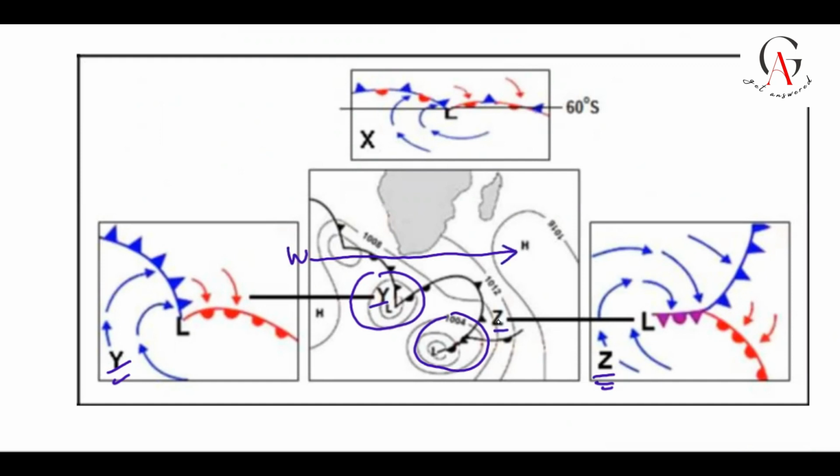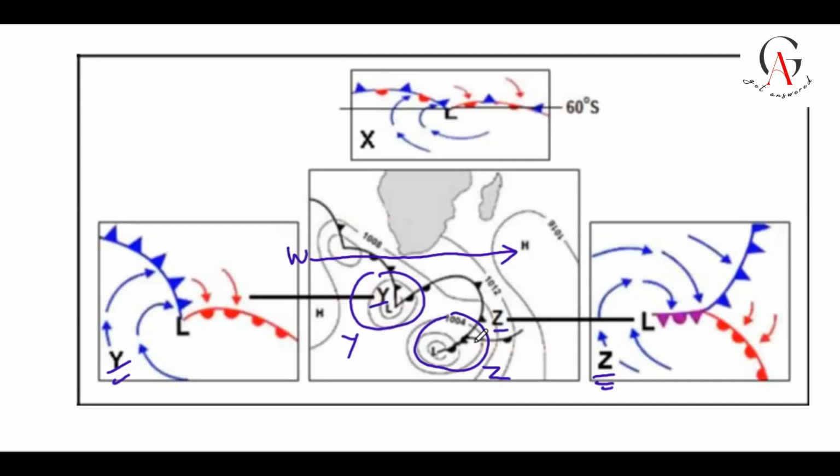Therefore, we say if we look at Y and we look at Z, we compare between the two, and we ask ourselves which of the two has already reached the east. If you look at this, it means that mid-latitude cyclone Z has already reached the eastern direction, which makes it the oldest.